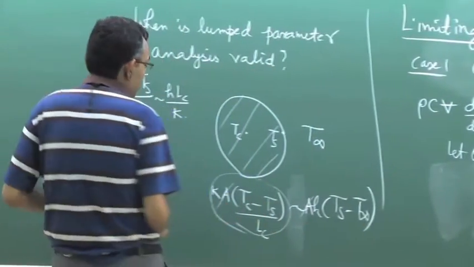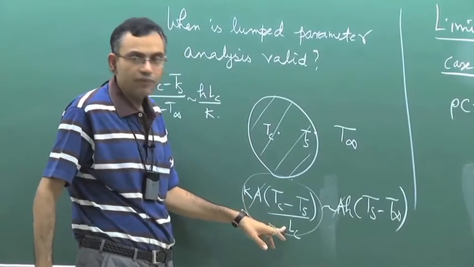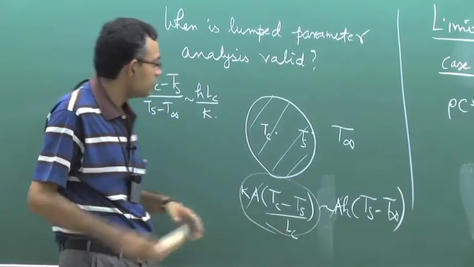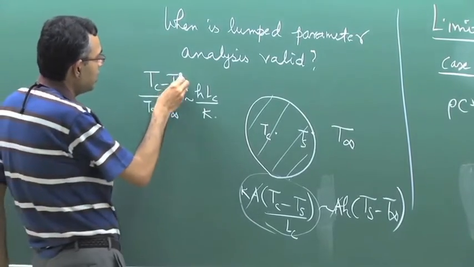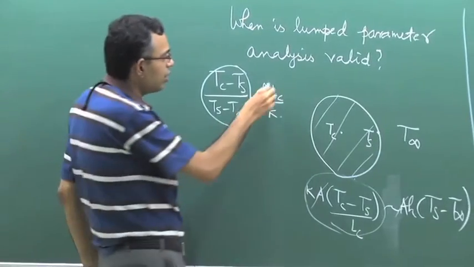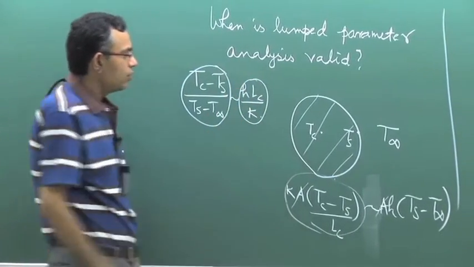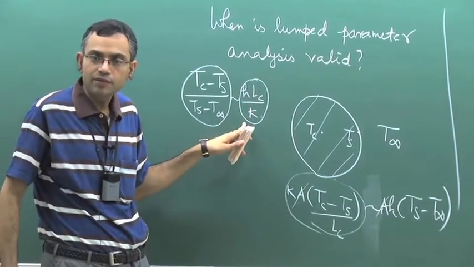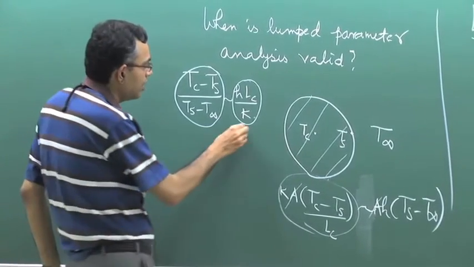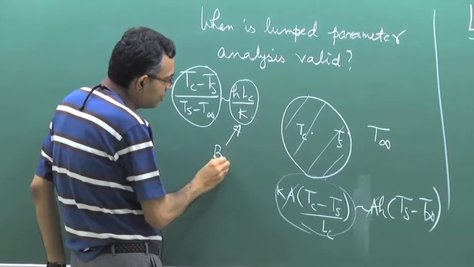So here just to symbolize we have written it as Lc without mentioning what this Lc is. So this is a non-dimensional number, right? Therefore this is also a non-dimensional number. What is the name of this non-dimensional number? The name of this non-dimensional number is the Biot number.